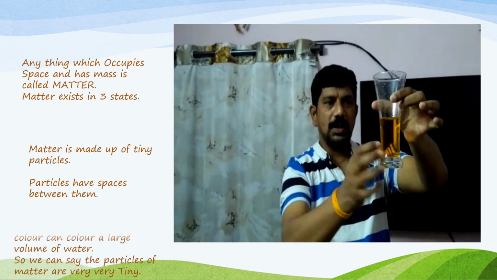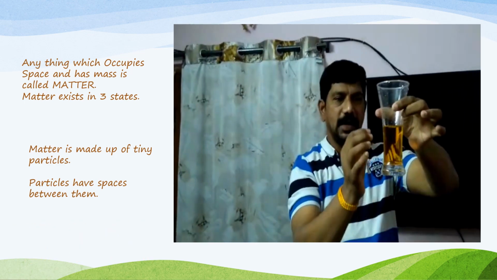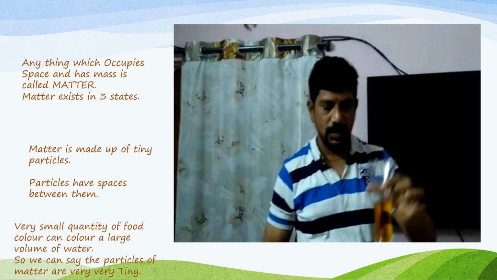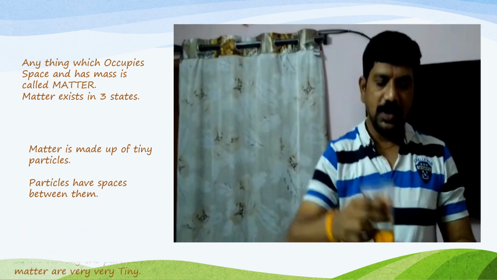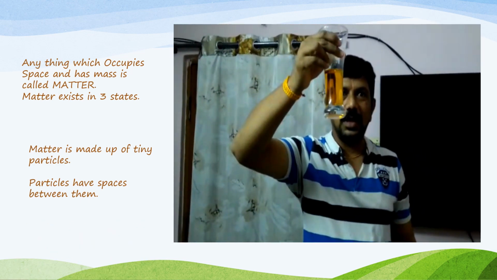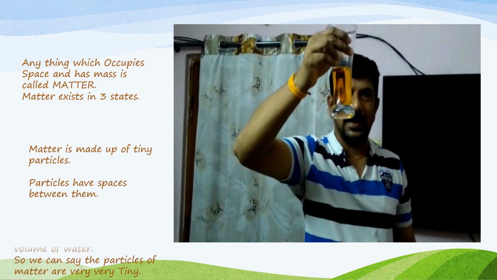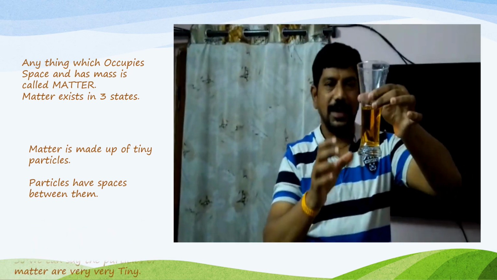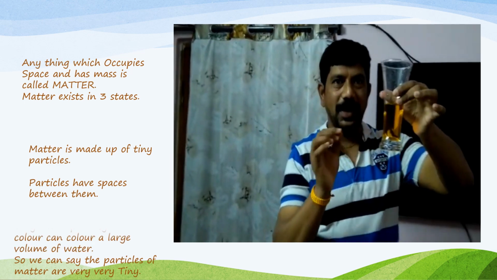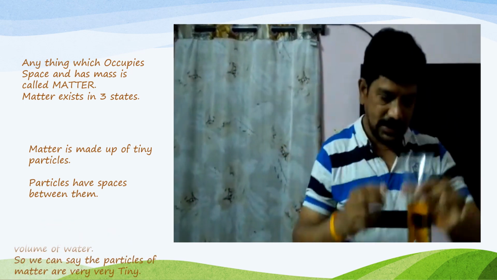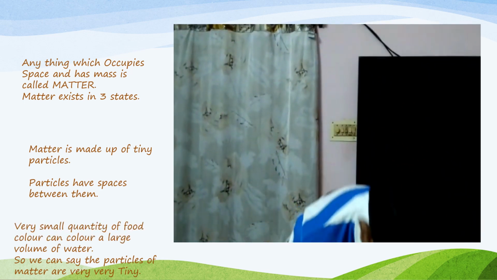They are completely dissolved in water and they occupy the gaps in the water molecules. So with this experiment, we can say that there are gaps in the particles of matter. At the same time, we can also say that the matter is made up of tiny particles which we cannot see with our naked eye.